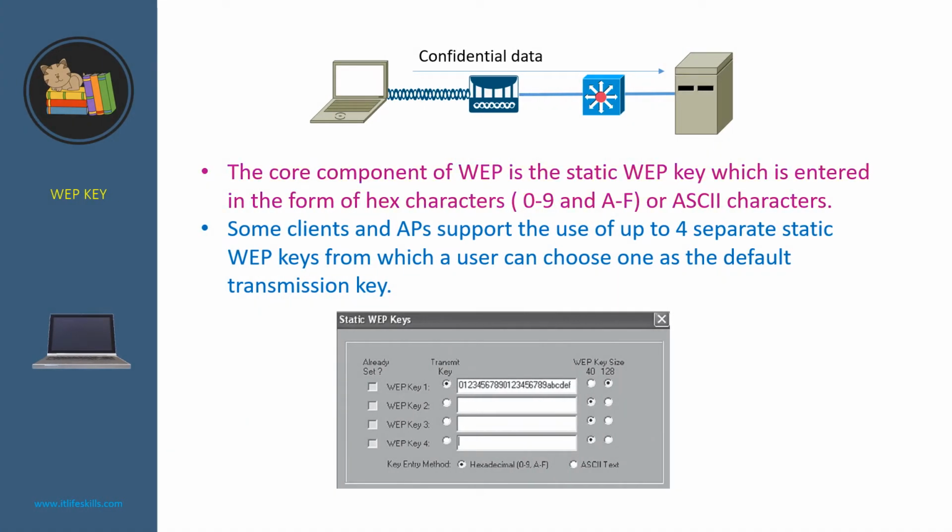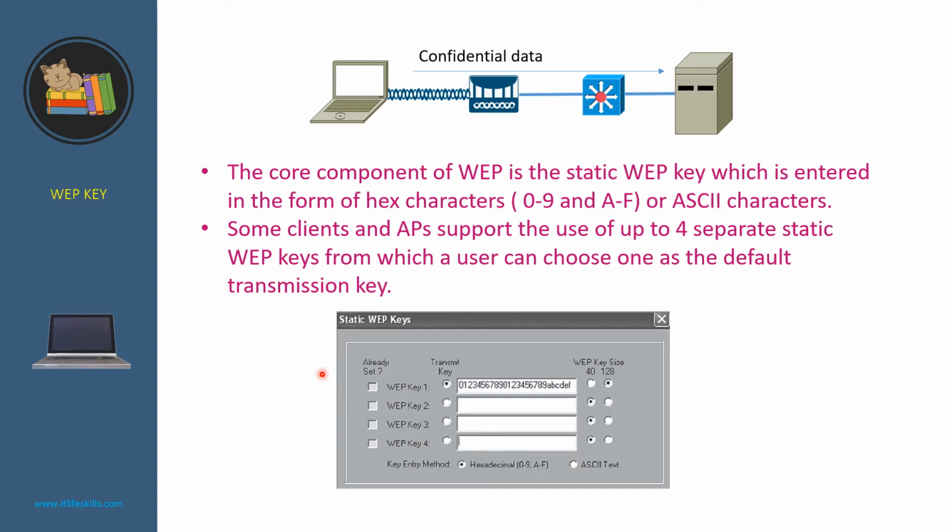The core component of WEP is the static WEP key, which is entered in the form of hexadecimal characters from 0 to 9 and A to F, or ASCII characters. Some clients and APs support the use of up to 4 separate static WEP keys, from which a user can choose one as the default transmission key.